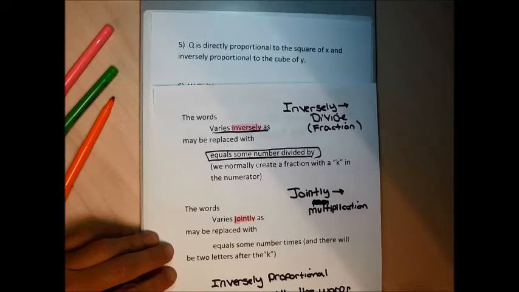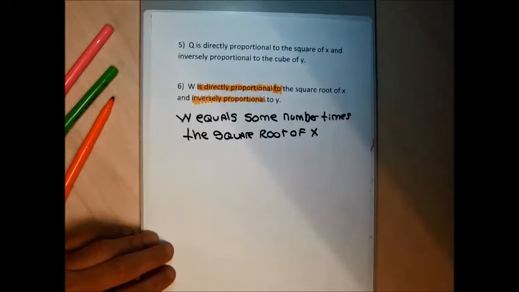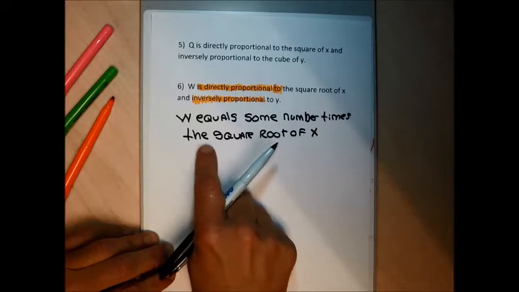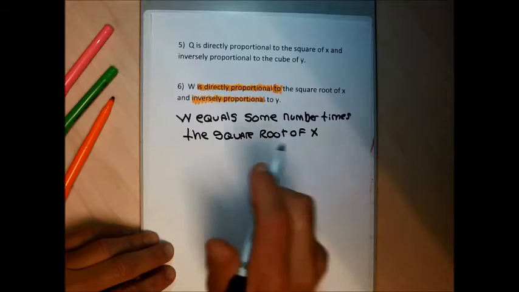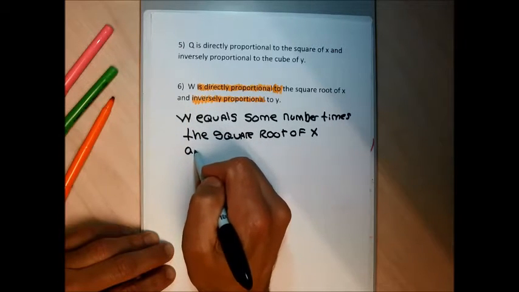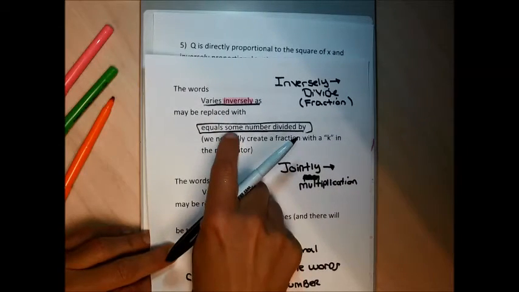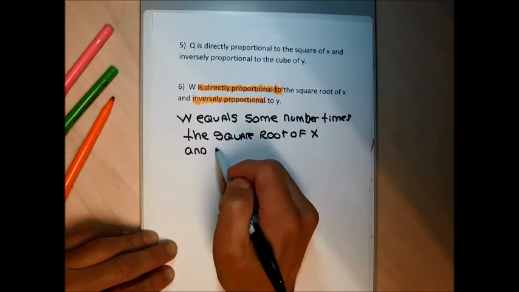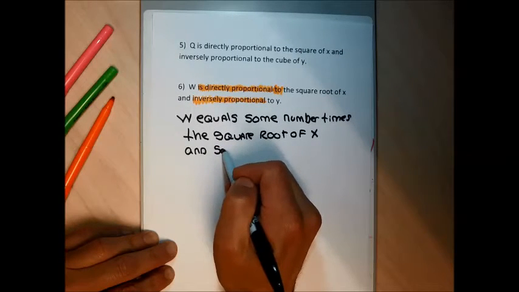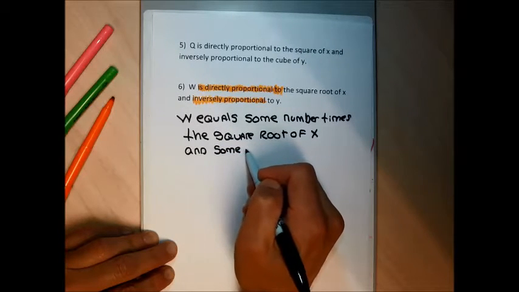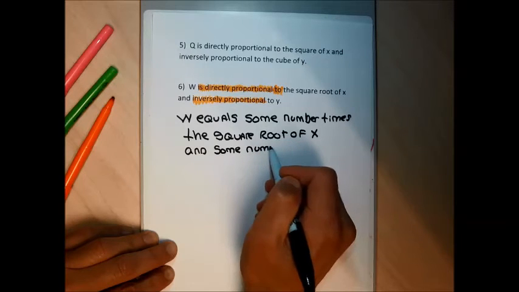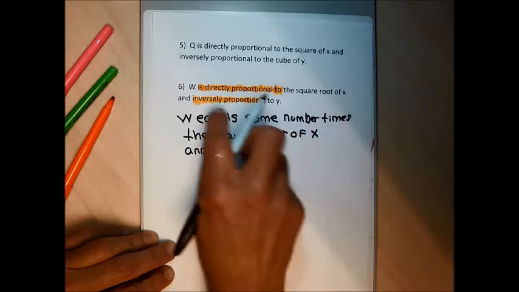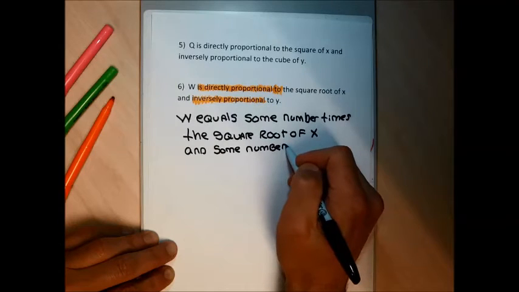It looks like I should need two equal signs. So I'll say it equals some number times the square root of x, and I'm going to skip the equal part of this, and some number divided by y.